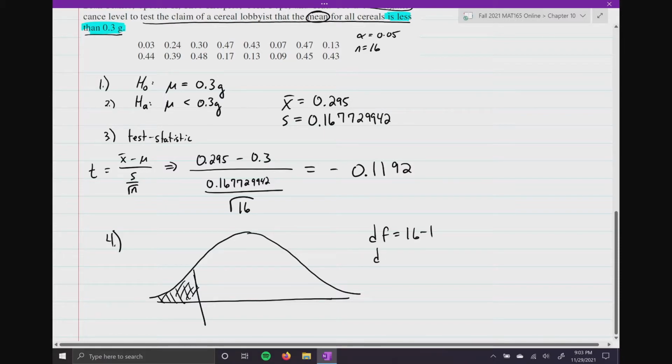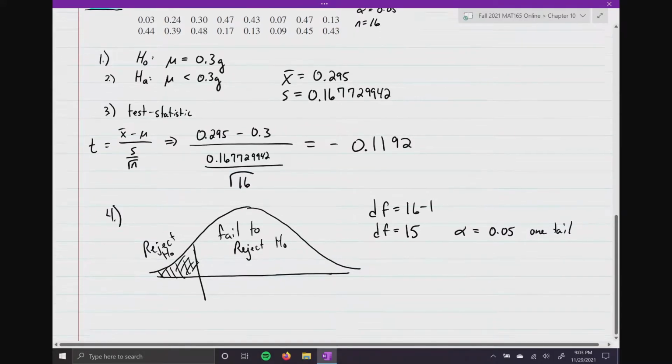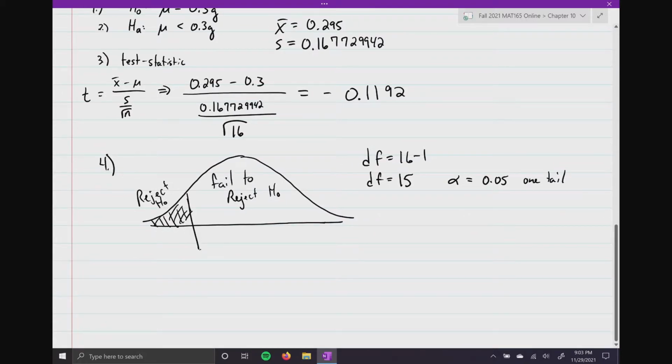So degrees of freedom equals 15, with alpha equals 0.05. And this is in one tail. Okay? We know anything to the left of our line is going to be the reject H0. Anything to the right will be fail to reject the null.